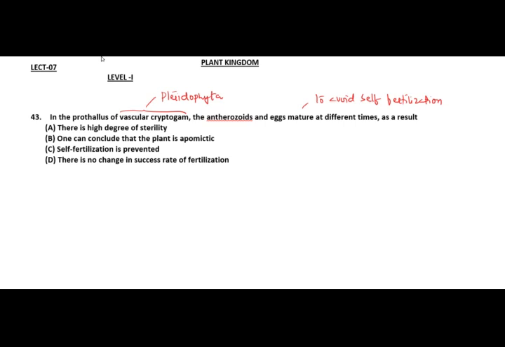Let's see the options. There is a high degree of sterility, that's wrong. One can conclude that the plant is apomictic. No, the plant is not apomictic. Option C, self-fertilization is prevented. Yes, it prevents self-fertilization. When antherozoids and eggs mature at different times, there is no change in success rate of fertilization. This is also a wrong statement. So option C is the right answer.